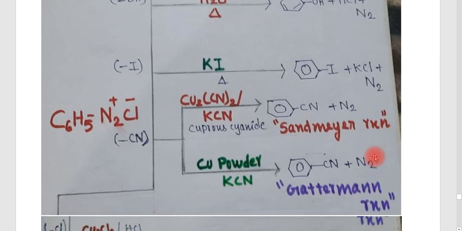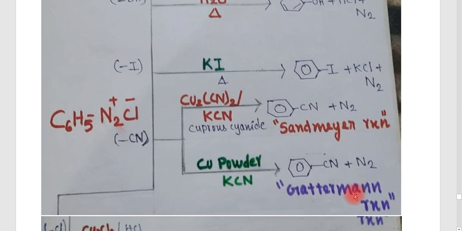And the same product, the cyanobenzene, we can obtain again, but we are using another thing, that is copper powder. We are boiling or warming the benzene diazonium chloride solution with the copper powder and KCN, and you will get the product as cyanobenzene, and the reaction is called the Gattermann reaction.